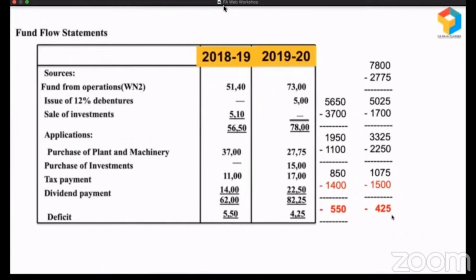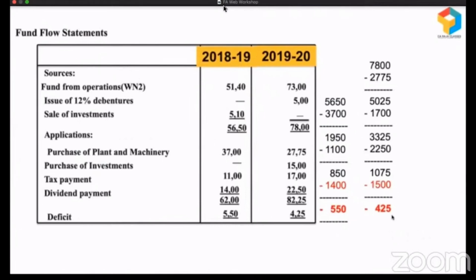It shows from where they got money, where they have used. They have paid dividend in 2018-19 when they didn't have money. They've invested in someone else's business in 2019-20 when they did have money. So this all shows the intentions, the integrity of people behind the show as well, not just numbers.